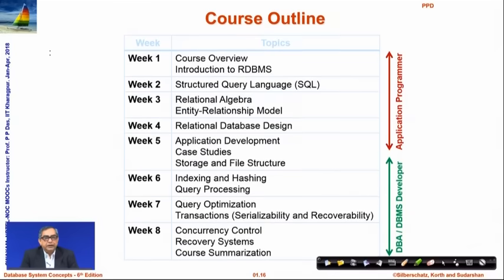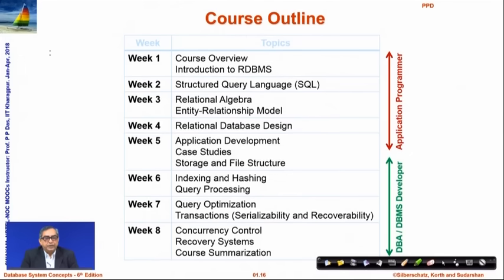On the right, you can find that I have marked the initial part of the course, which we cover from week 1 to the first half of week 5, is primarily meant for application programming, which means that the database system has already been designed, and the basic premises, the schemas and constraints have been set up, but now you want to write different data query and data manipulation applications, and that is where the large volume of database engineers work.